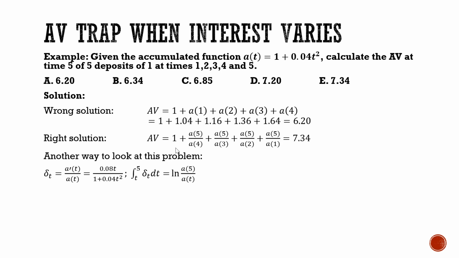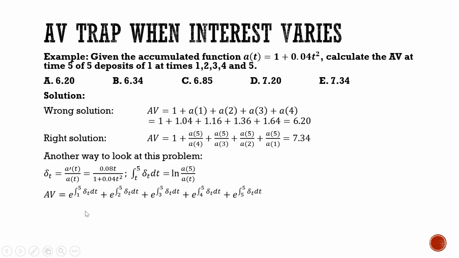The force of interest is the ratio between the derivative of the accumulation function over the accumulation function. So it's 0.08t over 1 plus 0.04t squared. We have the integral from t to 5 of delta t dt representing how money deposited at time t accumulates at time 5. So that becomes the natural log of a5 over at.